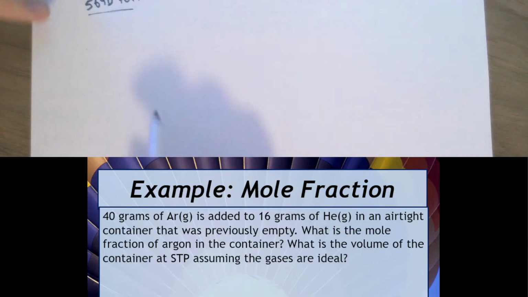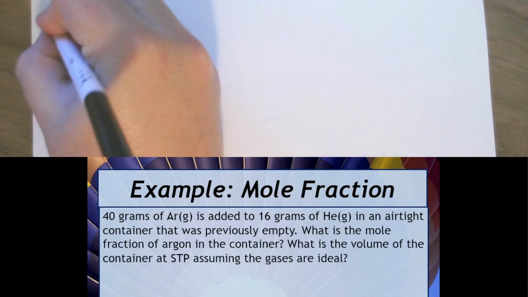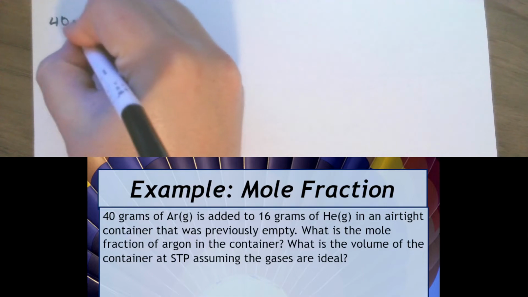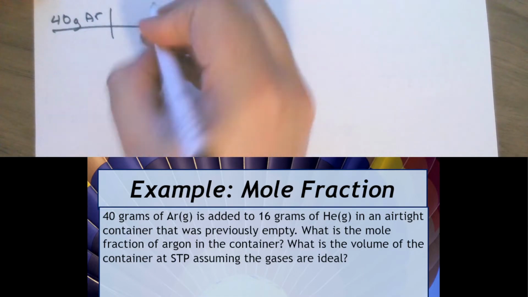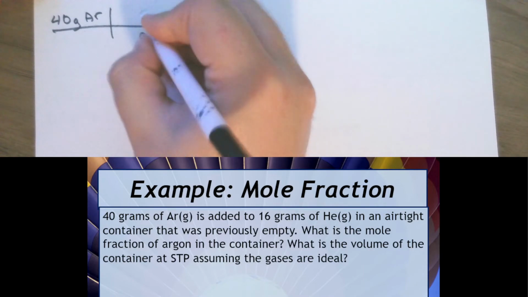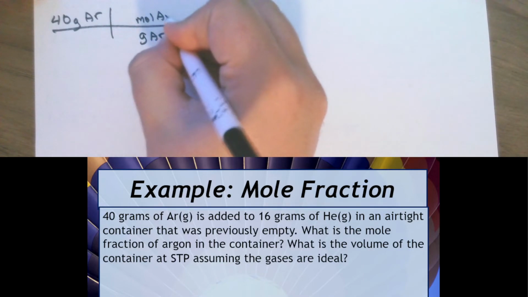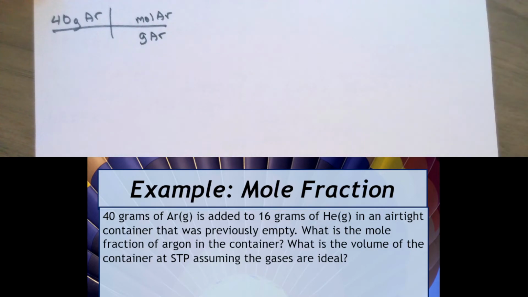So I gave you 2 gases, but I gave them to you in grams. We usually don't do anything with grams. We're just going to convert those into moles. Okay? So what I'm going to do is take my 40 grams of argon and turn that into moles. Grams of argon on the bottom, moles of argon on top. To switch it, I need to go back to my periodic table.